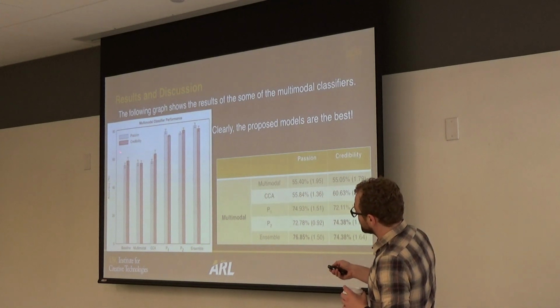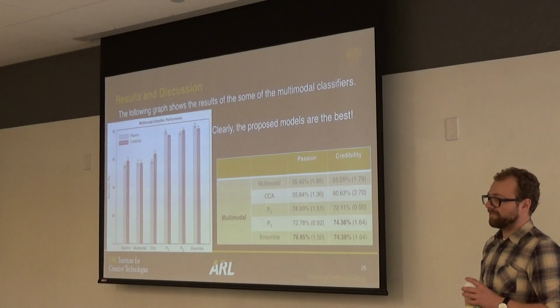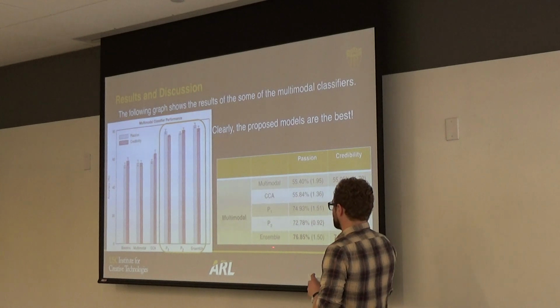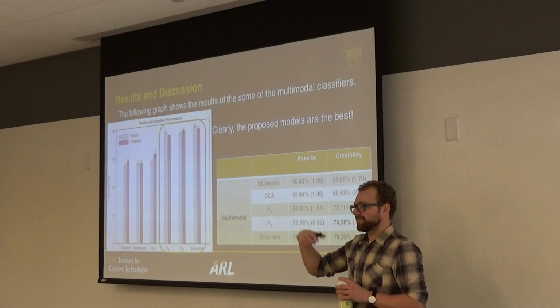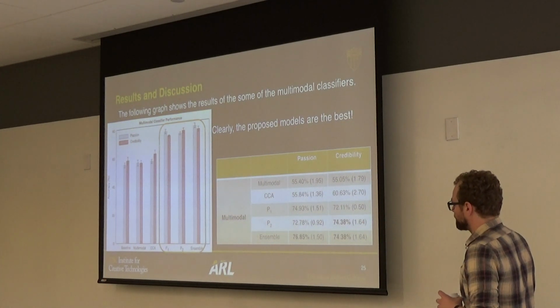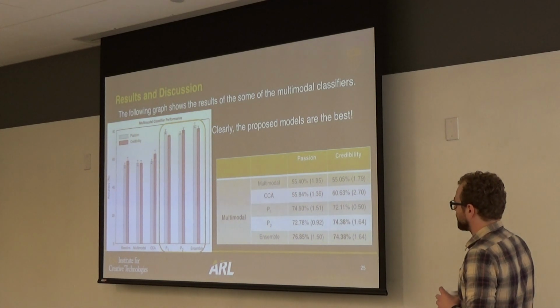But as you can see, for the baselines we jump up there and significantly outperform the other approaches with all these methods. Unfortunately, the ensemble didn't bring much more performance, but it is a nice boost here, not so much in credibility.